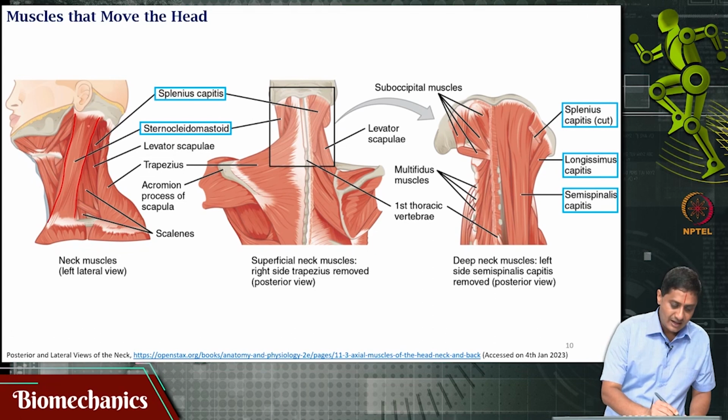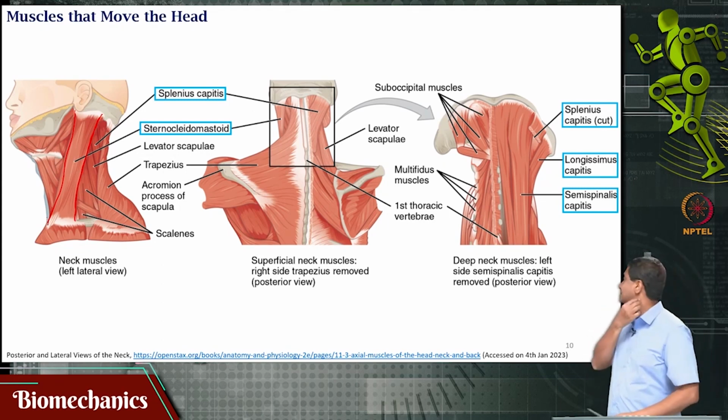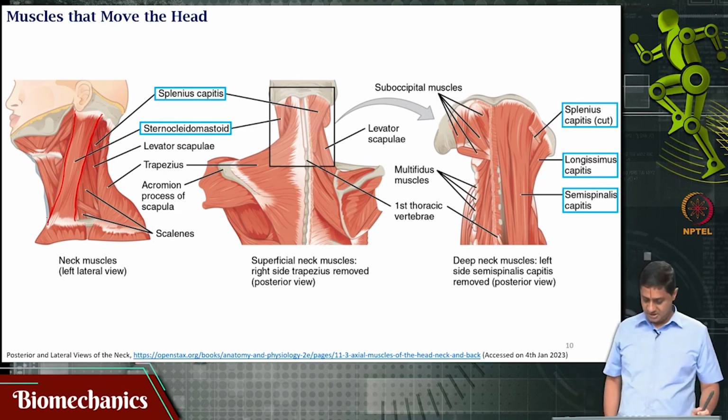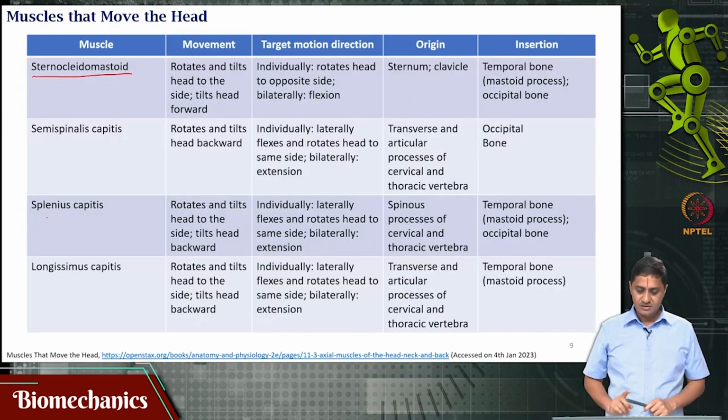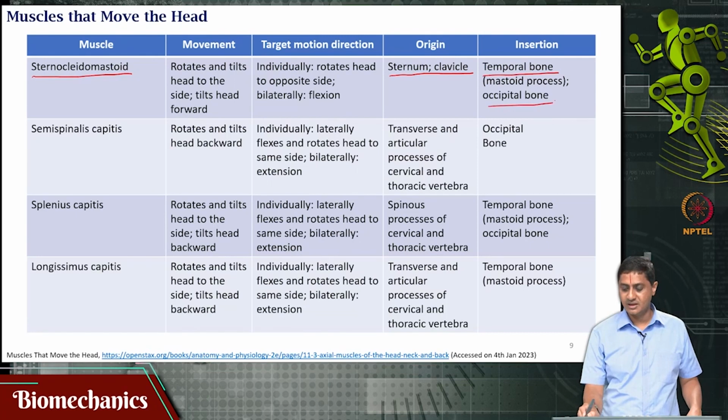Right. Its origin and insertion are as shown. So, it attaches at that level, right. Its origin is at the sternum or clavicle, and its insertion is the mastoid process, the temporal bone and the occipital bone.